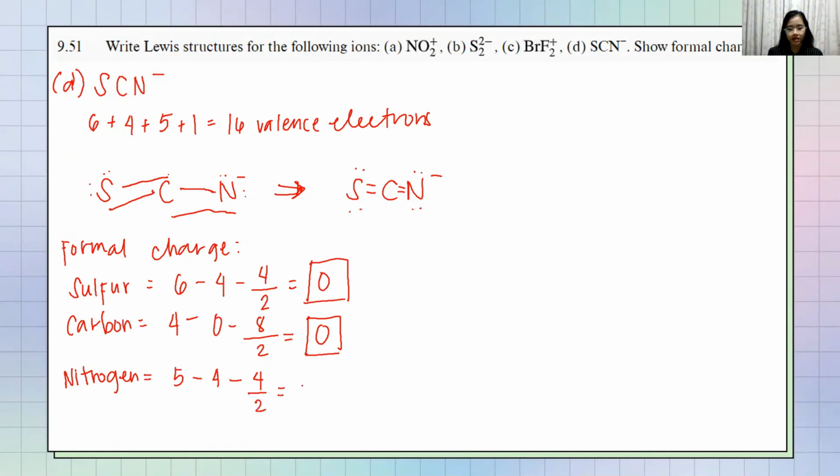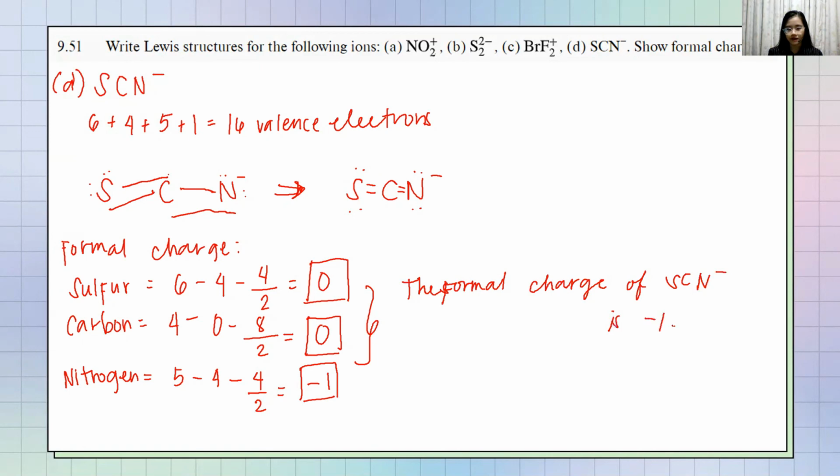So that is negative 1. Therefore, you can say the formal charge of CN negative is negative 1. So that's it. Thank you for listening and keep safe.